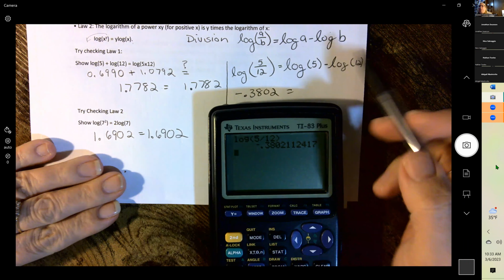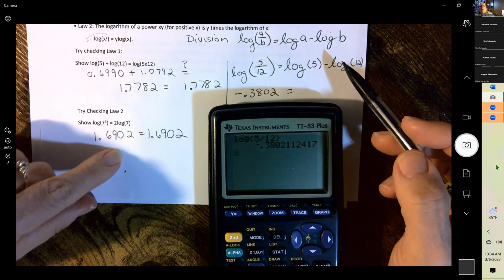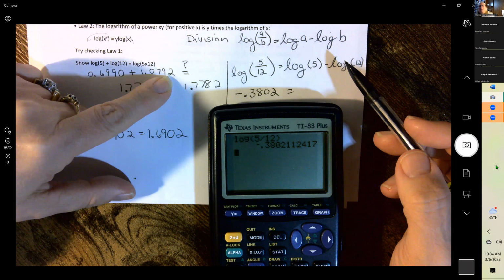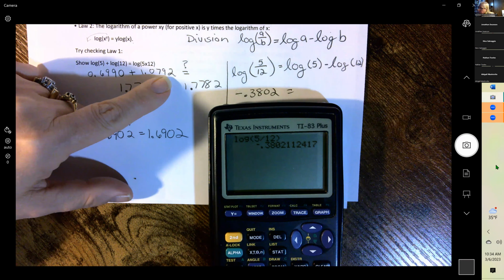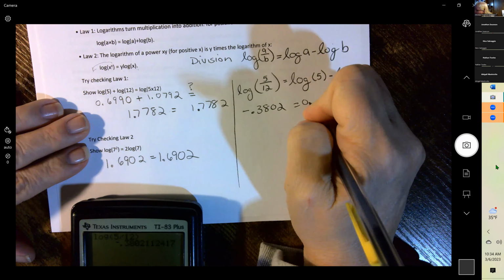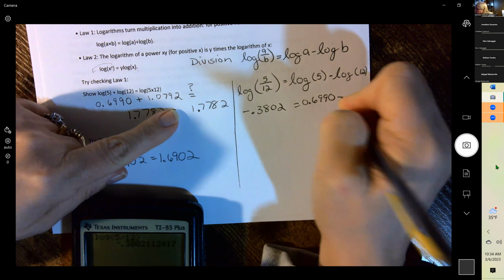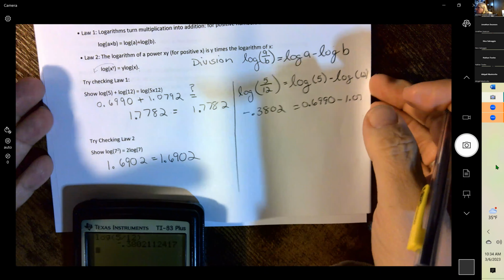Now I'm going to type this all at once. Oh, we do have the values here: 5 and 12. So the log of 5 is 0.6990. The other one is 1.0792.